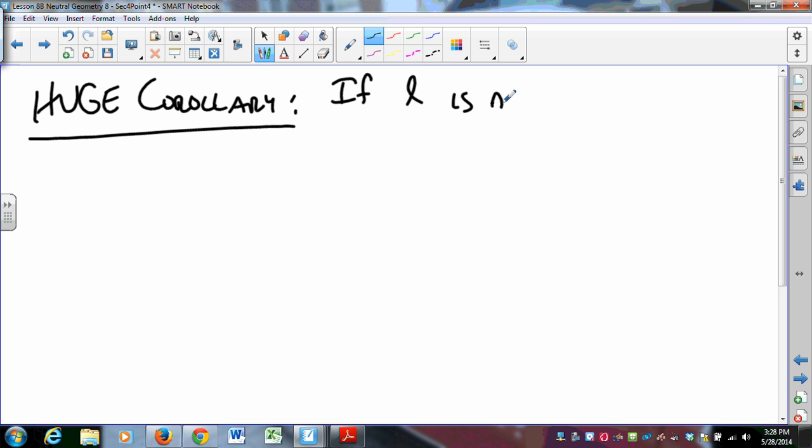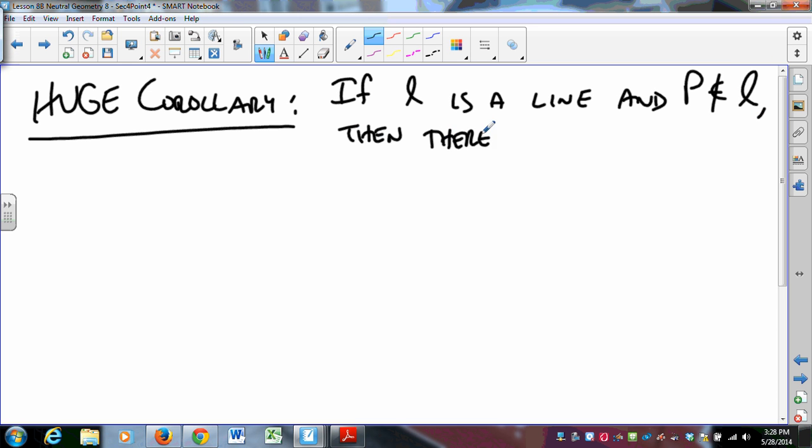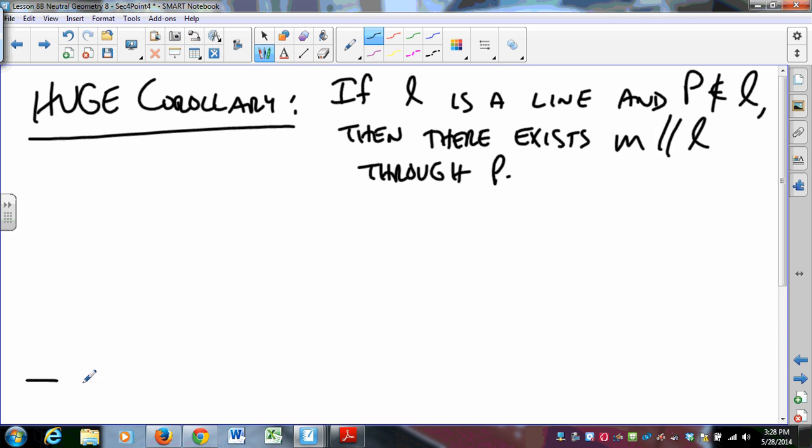If L is a line and P is some point not on L, then there exists some line M parallel to L through P. If I have a line L and some point P, I can draw a parallel to L through P. And you say, wait a second, that's not neutral.